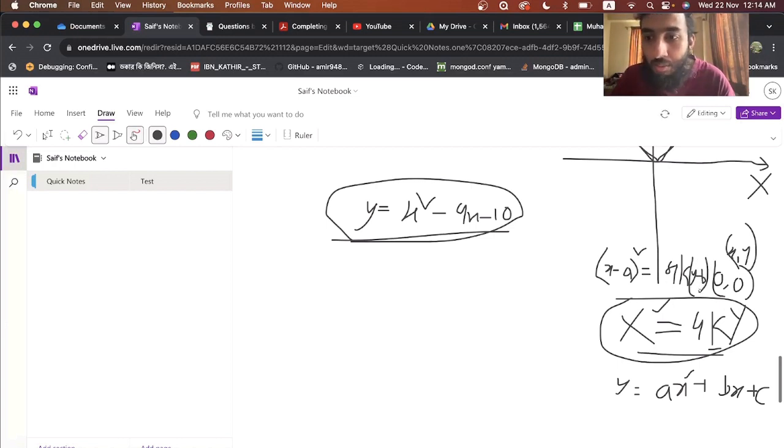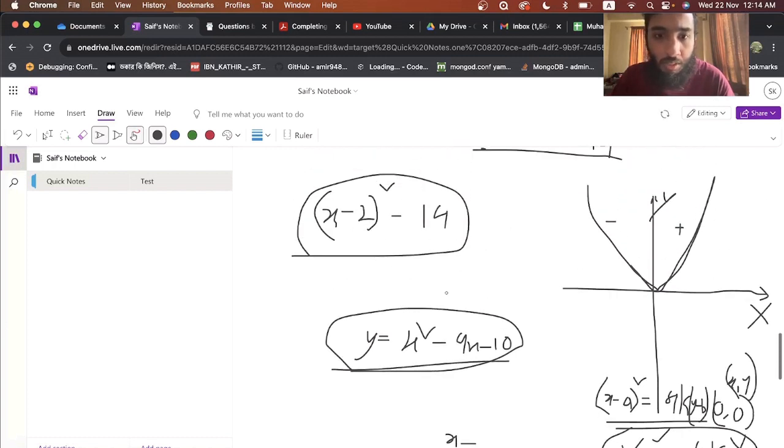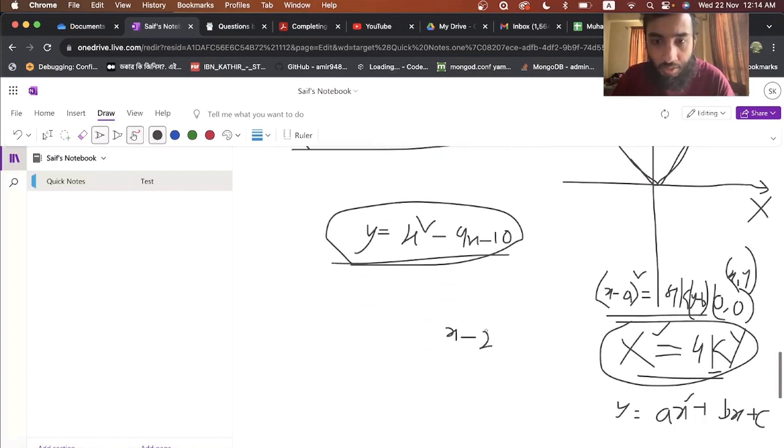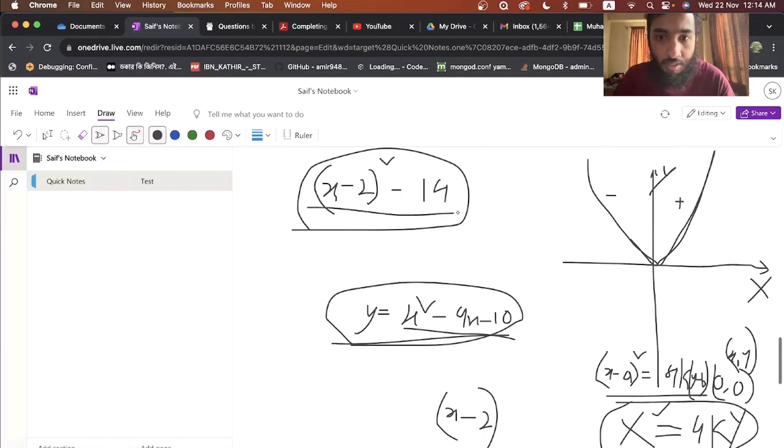If I use this form, I can write, using the values of a and b which we got, x minus 2 whole square. Remember that this form is also represented by this form.